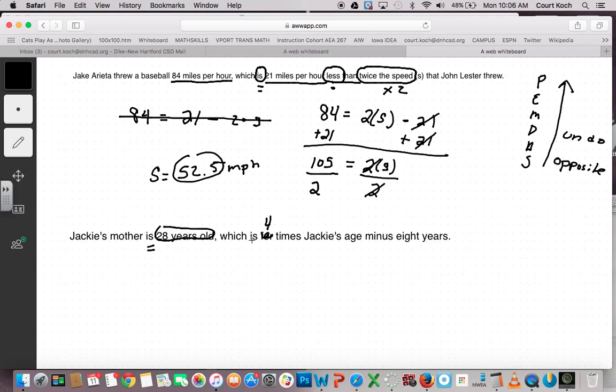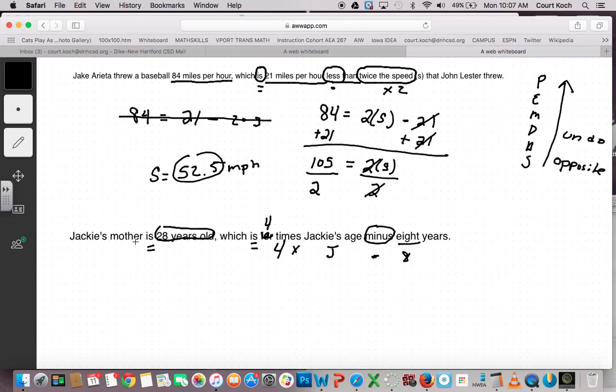There's my equal sign, which is, here's another equal sign, 4 times, so 4 times Jackie's age, which we don't know. Well, I'm going to choose J for Jackie's age, minus 8 years. Minus means subtract. There's another number, 8. So I'm going to start building.